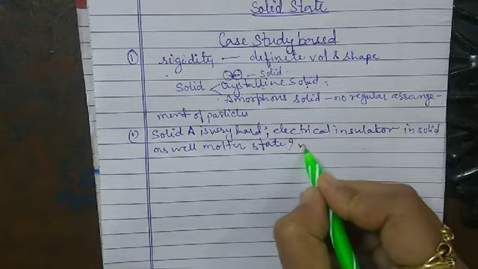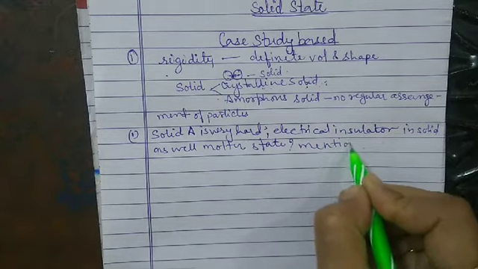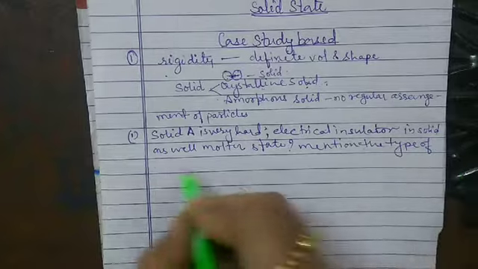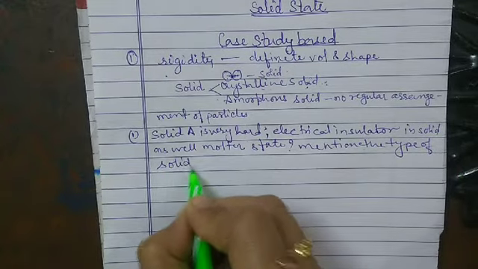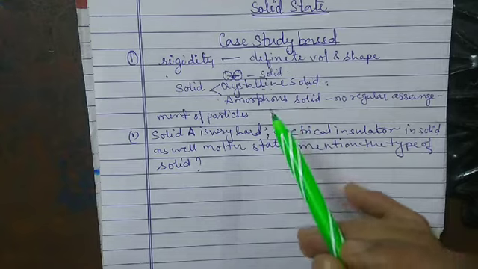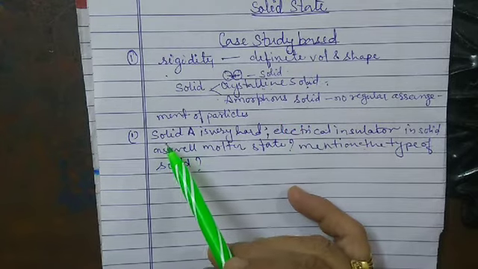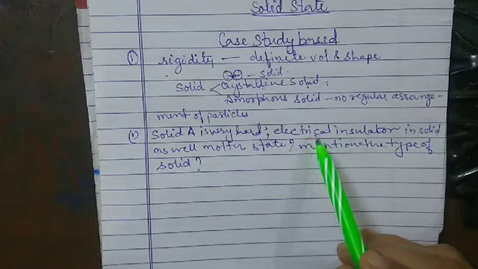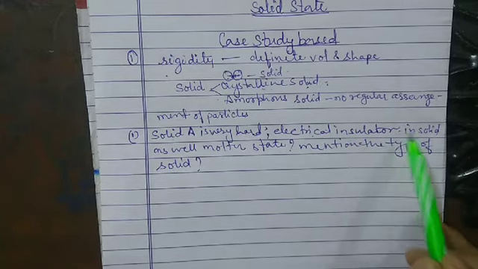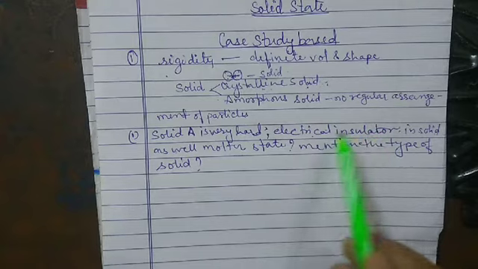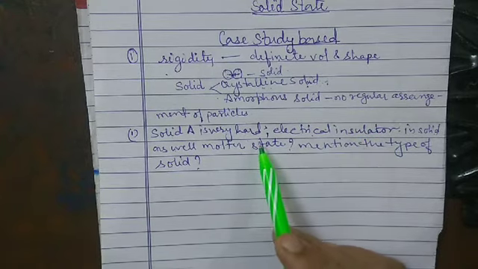Mention the type of solid. Now here, on the basis of this case study, the first question is, solid A is very hard. It is an electrical insulator in solid as well as molten state. Now you have to mention the type of the solid.